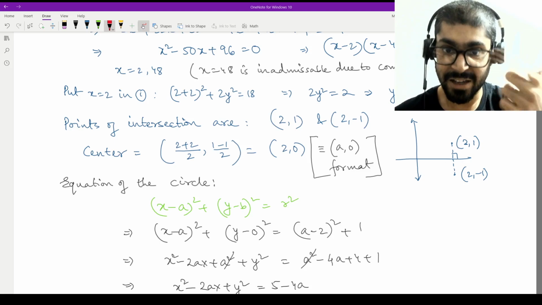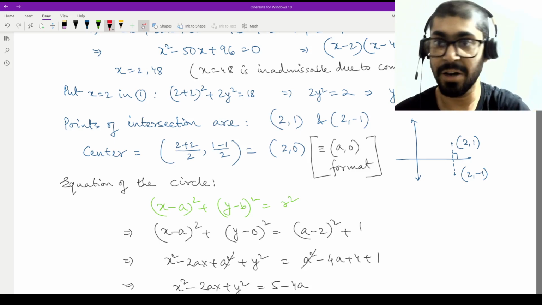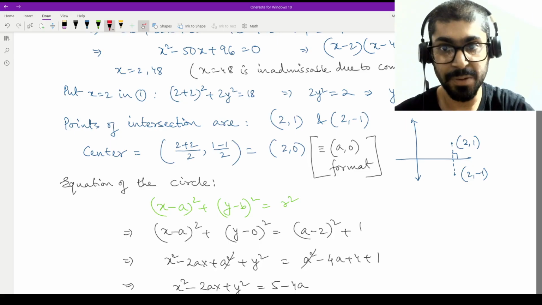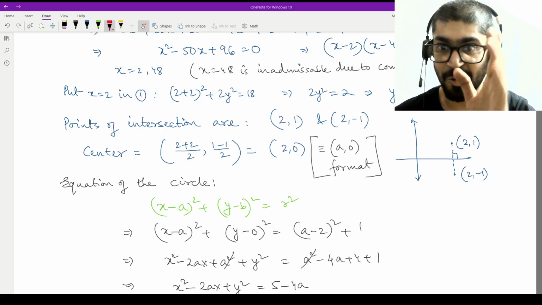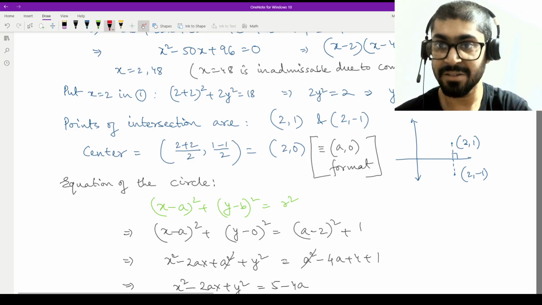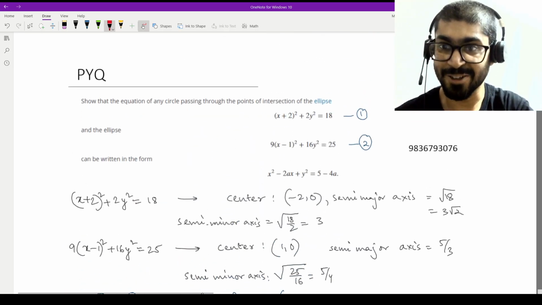There is an a, and the circle is the formula in green that I wrote, x minus a whole square plus y minus b whole square equal to r square. There are a's in the general formula for both of these diagrams, but a in the context of this problem is not defined. Sometimes they will leave you with an open-ended question like this, so that you have to think a bit about the way in which you will proceed.